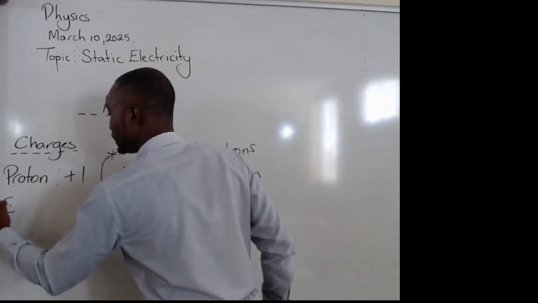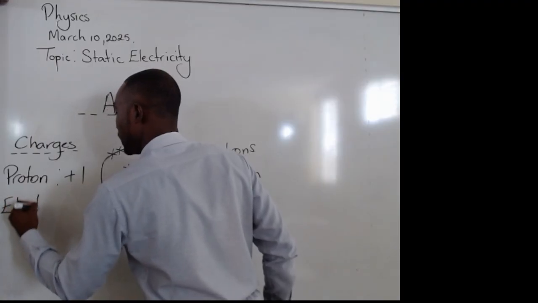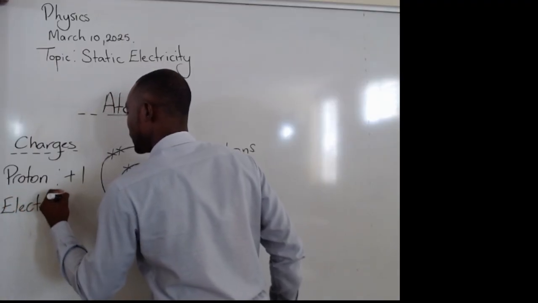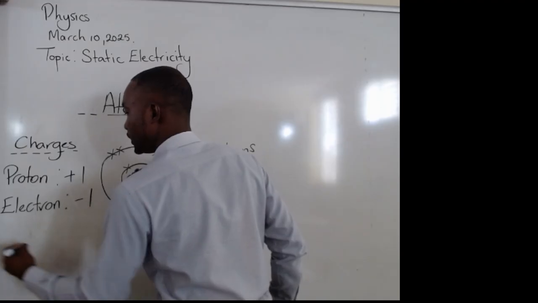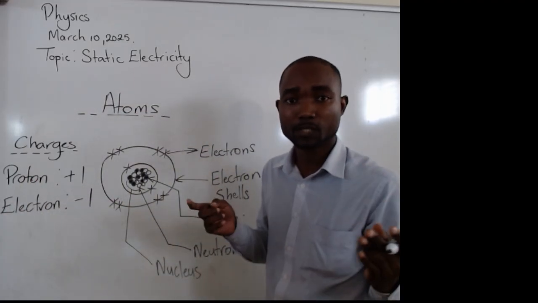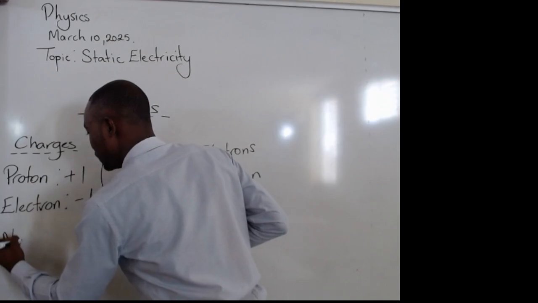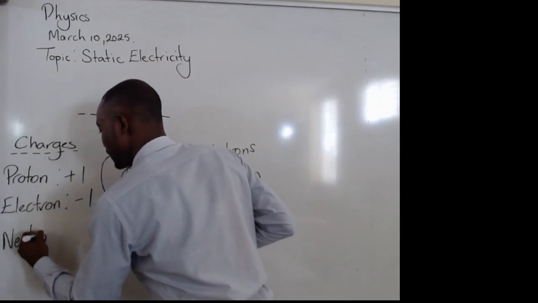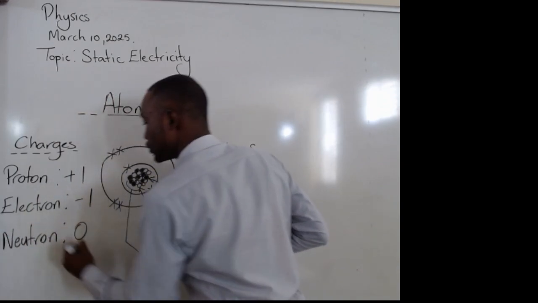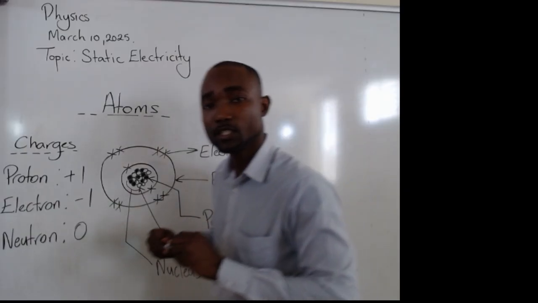An electron has a relative charge of -1. Now a neutron is pretty special. It has no charge. So it is neutral.